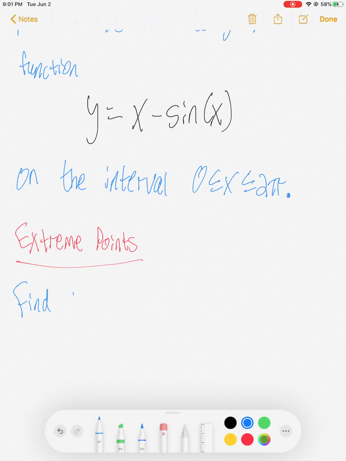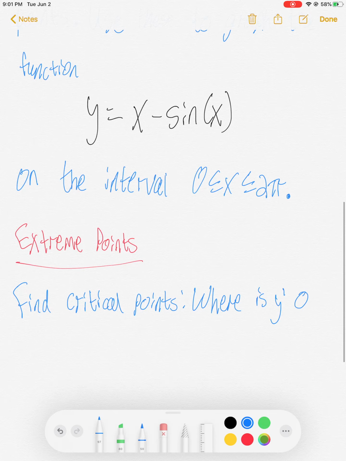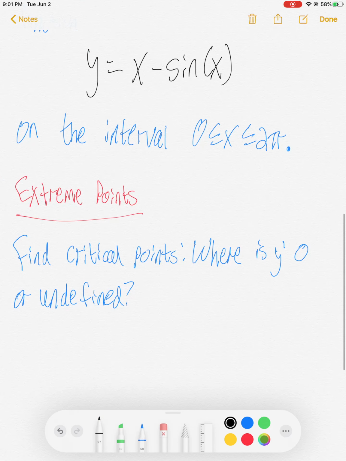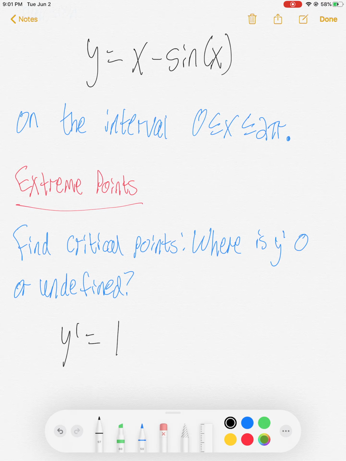Okay, so as you'll recall from last time, what we want to do is find critical points. And in doing so, we're going to answer this question, which means we're going to ask, where is y prime 0 or undefined?